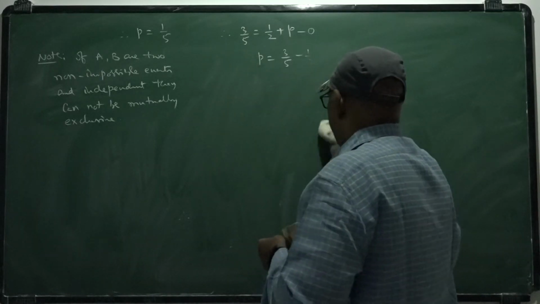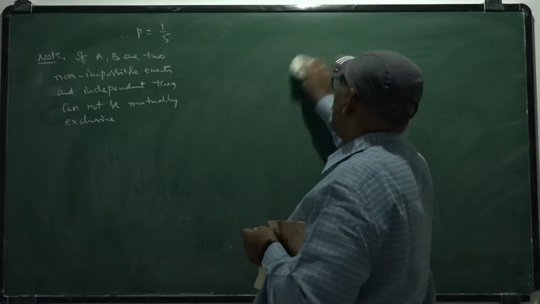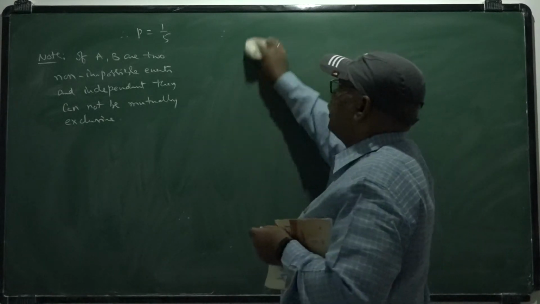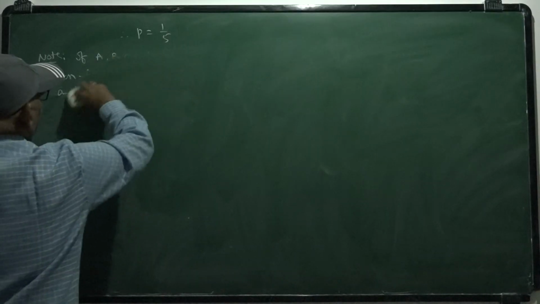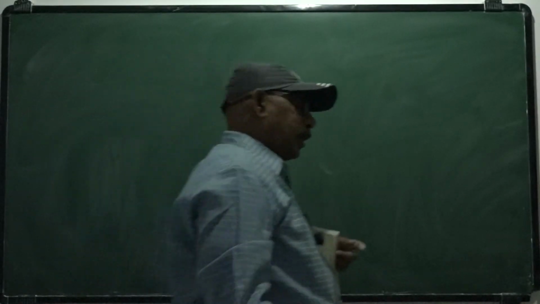Once the probability of happening of both A and B is 0, they are said to be mutually exclusive. Once the probability of happening of both events A and B is the product of their individual probabilities, then they are independent events.